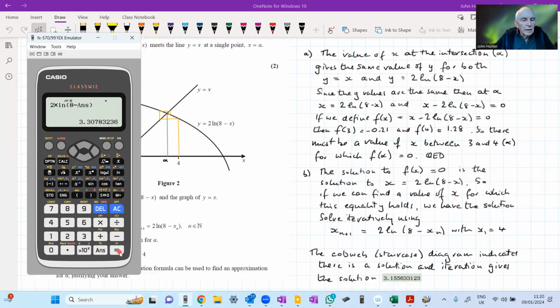So now we're going to evaluate 2 times natural log of 8 minus 3.307, etc. And basically we just keep going. As you can see, these are starting to home in on a value, aren't they? 3.15, they've all got 3.15, 3.155.